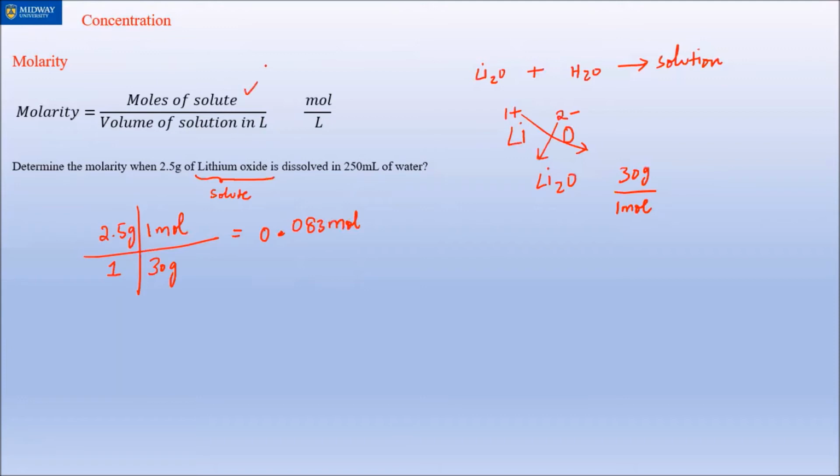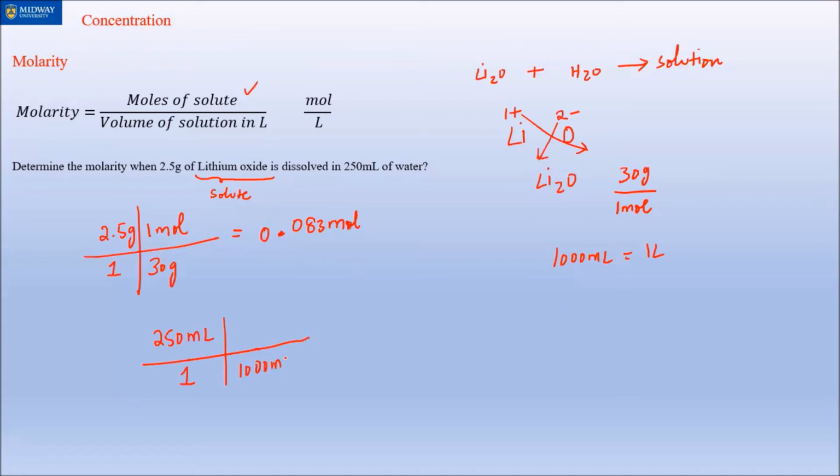What we have just done is calculate the numerator. We have to calculate the denominator, but the key here is the denominator is in liters, but what we are given in the question is in milliliters. 1,000 milliliter is a liter. So 250 mils would be, there are so many ways. I've seen people do it. I still prefer to do it my way. You may do it slightly different.